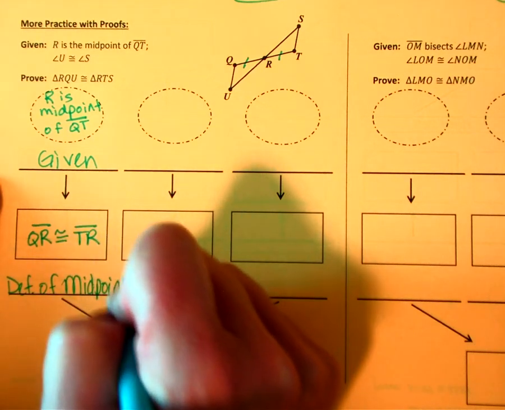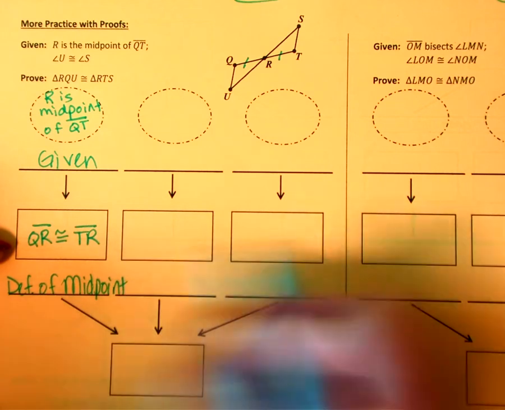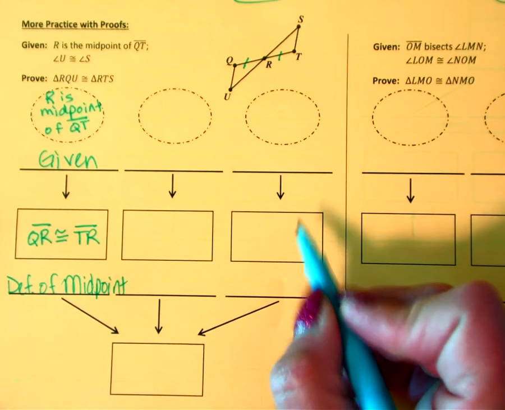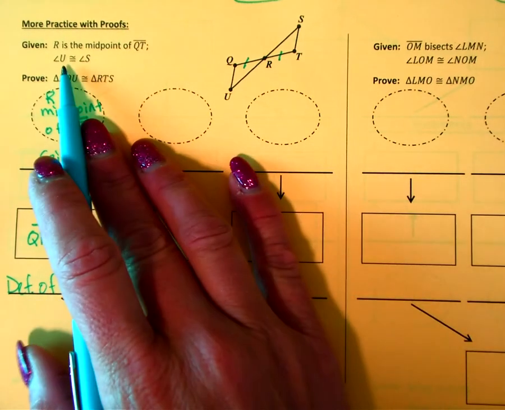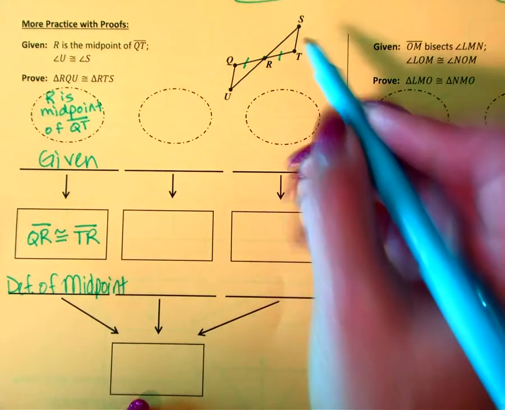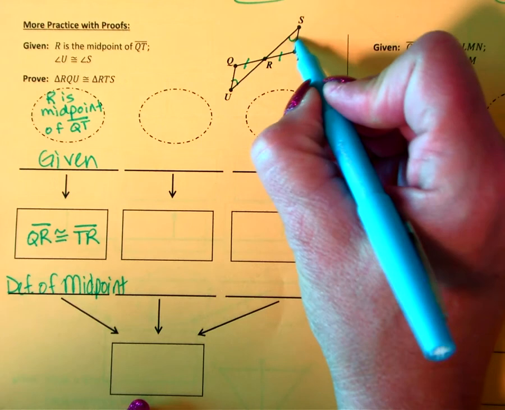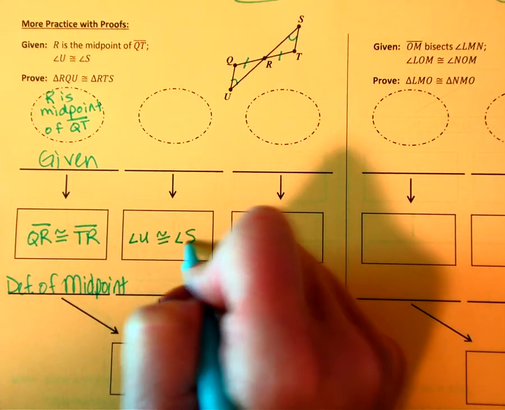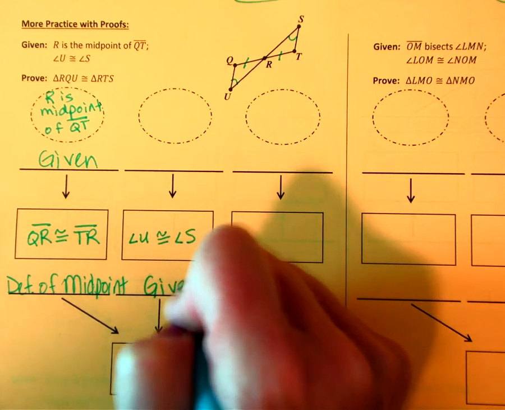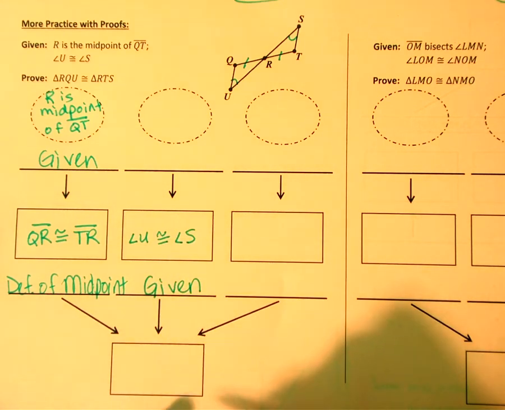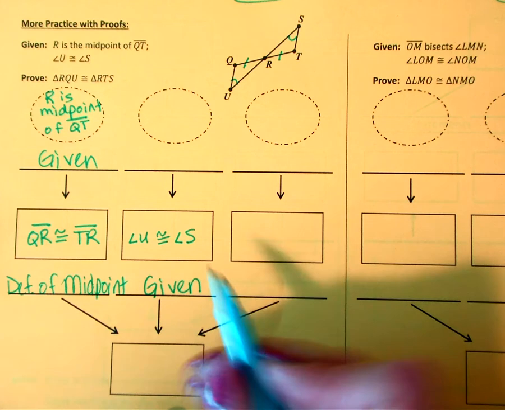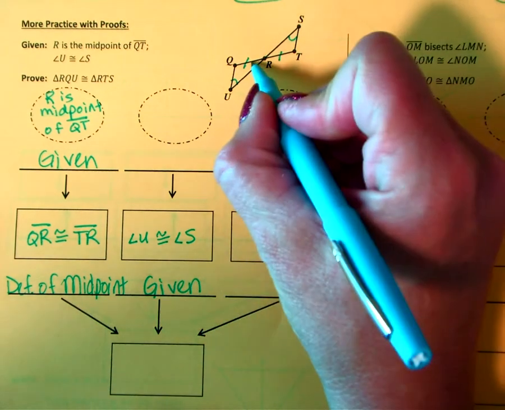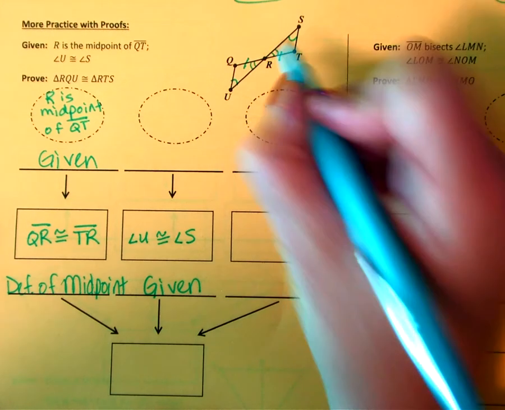Once you jump down here, you keep going. I am also given that angle U is congruent to angle S, and that's given to me. What else do we know about this triangle given our diagram here? We have vertical angles, right?